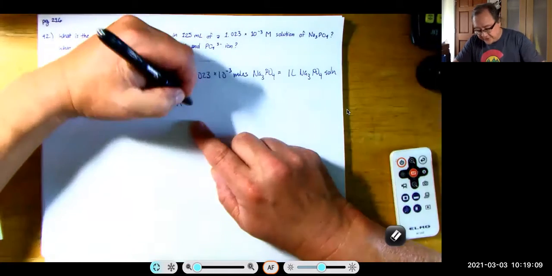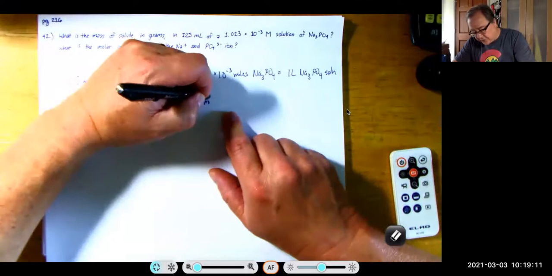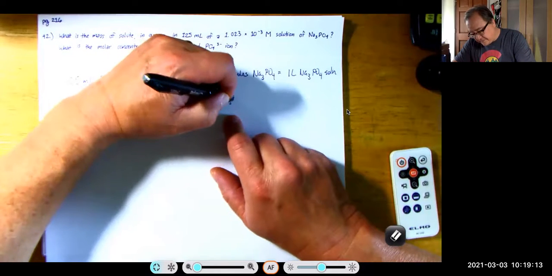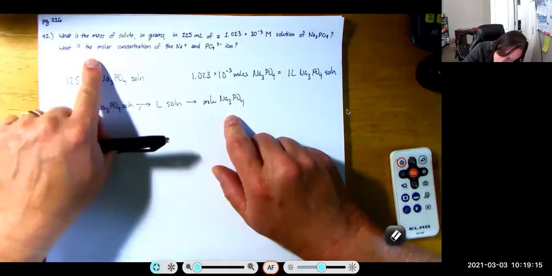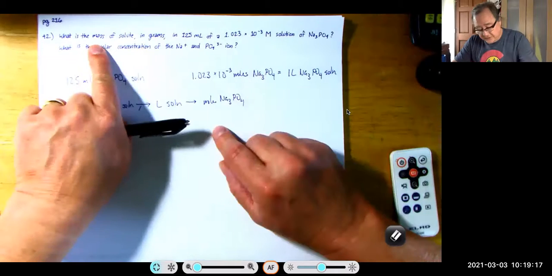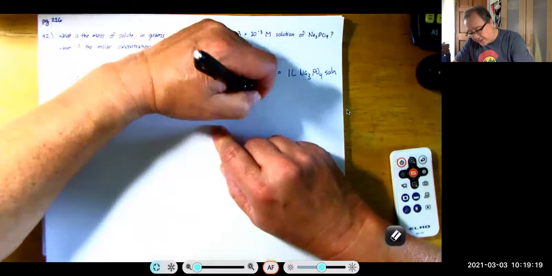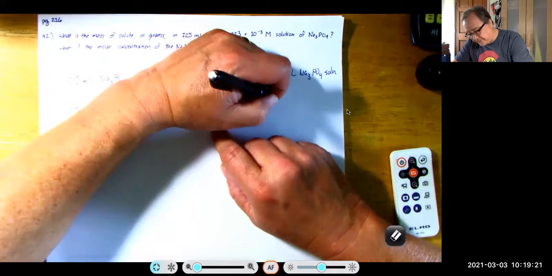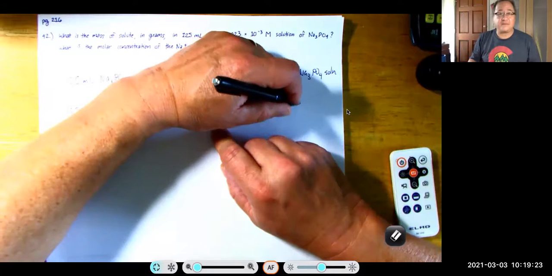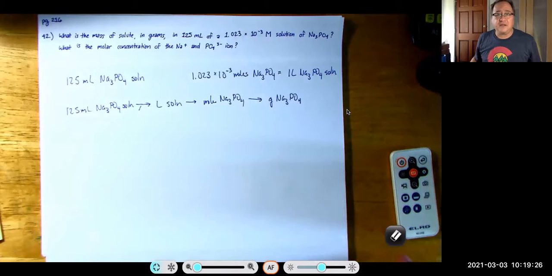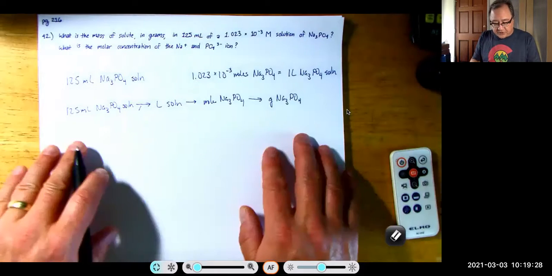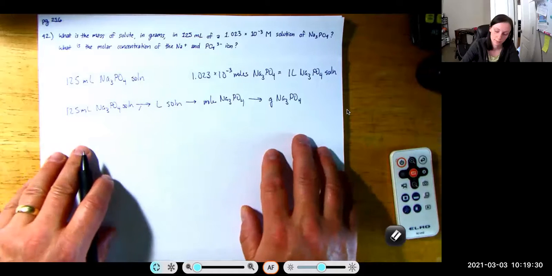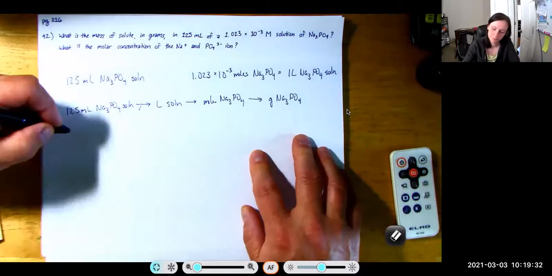And then I'm going to use this to convert to moles of sodium phosphate. And because they want grams, I'm going to turn that into grams of sodium phosphate. Does all that seem reasonable to do? Okay, so let's start.